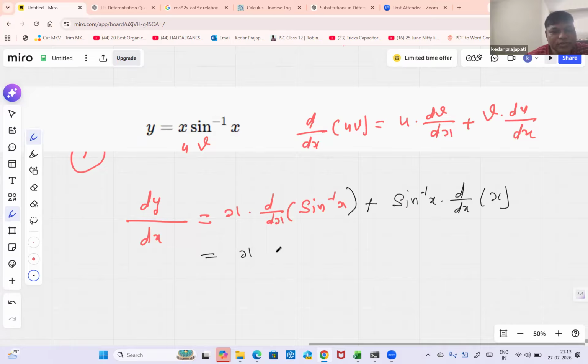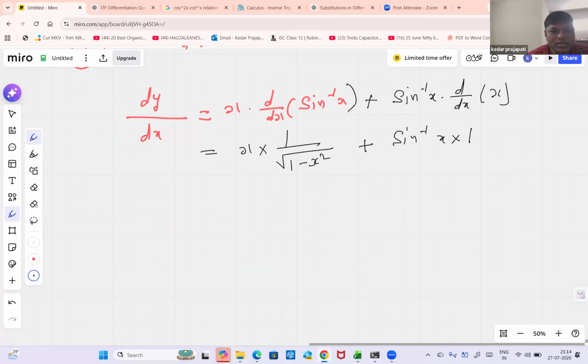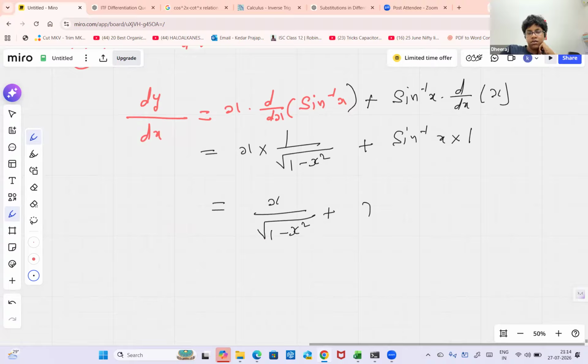So this became x into 1 by root over 1 minus x square plus sine inverse x into 1. So this is your answer: x by root over 1 minus x square plus sine inverse x. Any doubt? No, sir.